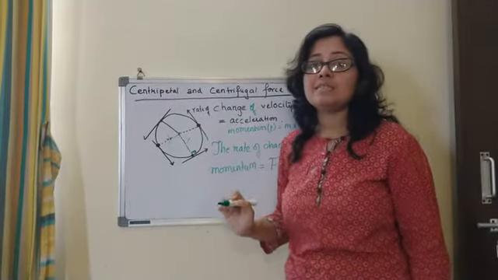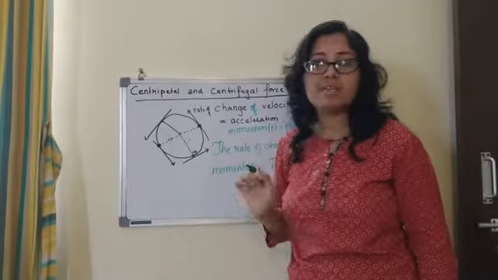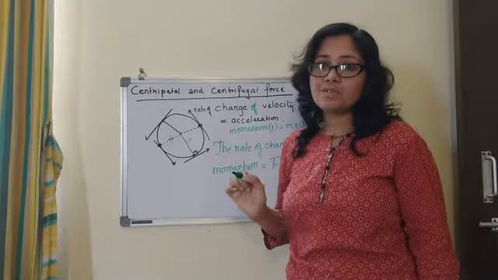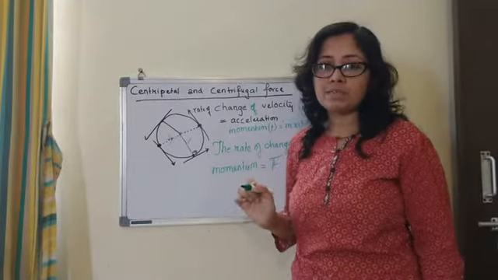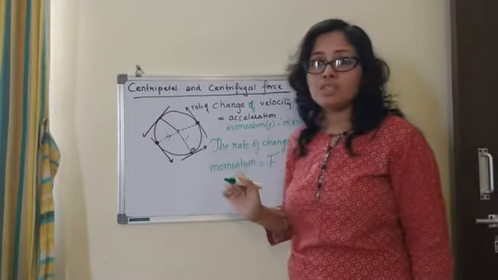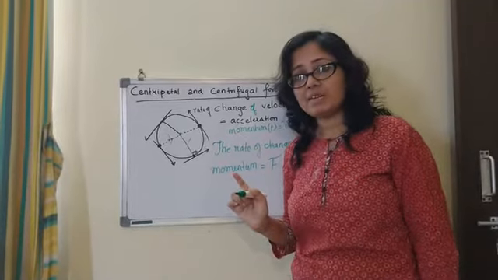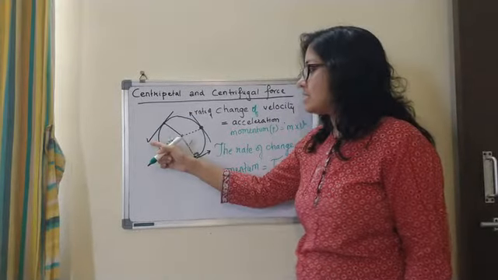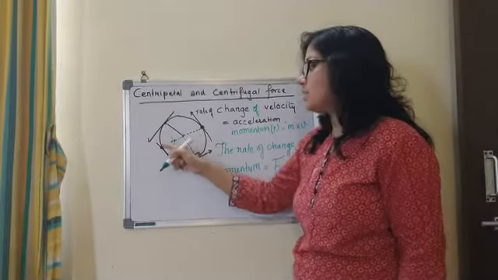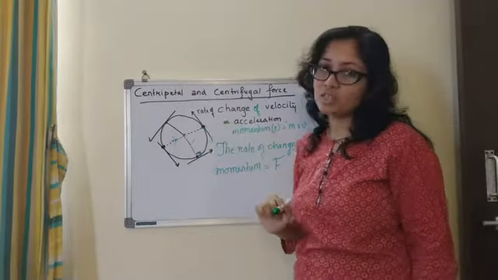Whenever there is a direction that is coming into play, we will consider it to be a vector quantity. Here, the magnitude of the speed is not changing. It is 5 meters per second. But the direction is continuously changing.